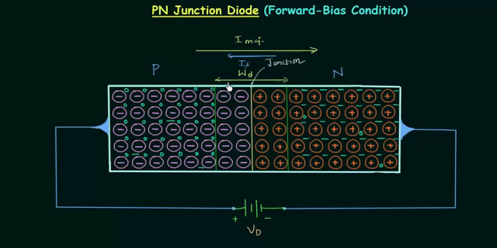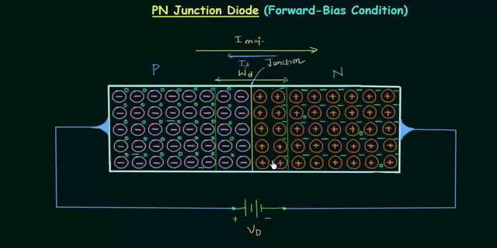So the width of depletion region will reduce because the holes will combine with the negative ions and electrons will recombine with the positive ions. So we have holes recombined with the negative ions, and we have electrons combined with the positive ions.